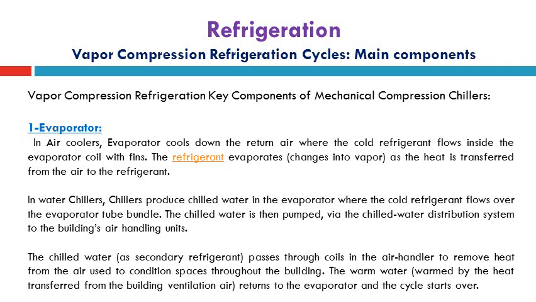The chilled water is then pumped via the chilled water distribution system to the building air handling units. The chilled water as a secondary refrigerant passes through the coils in the air handlers to remove heat from air used to condition space throughout the building. The warm water or return water transferred from the building ventilation air returns to the evaporator and the cycle starts over.